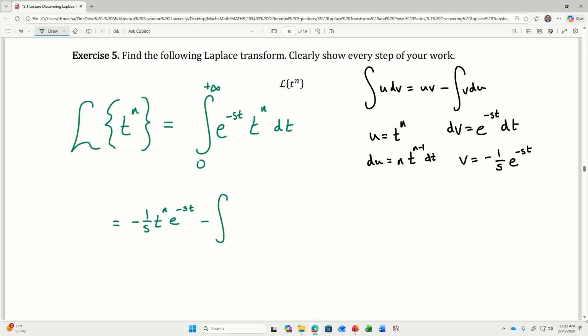So two negatives make a positive. And between v and du, the constants are n divided by s. E to the negative st, t to the power n minus 1, dt.